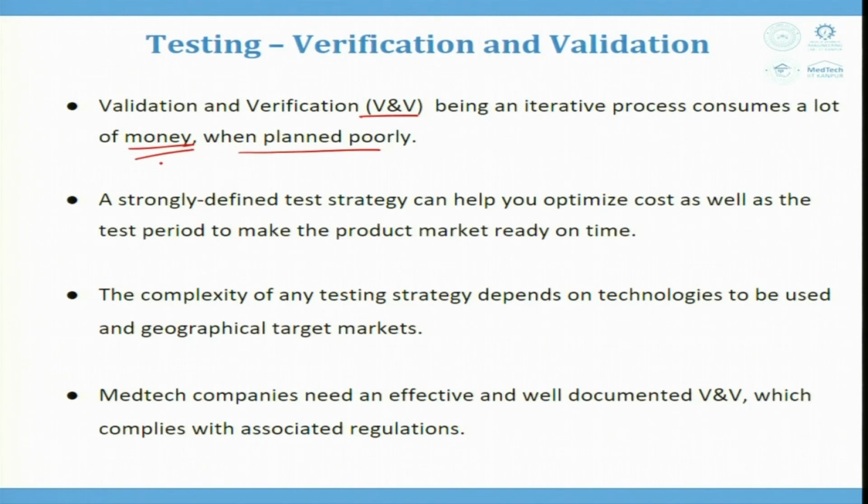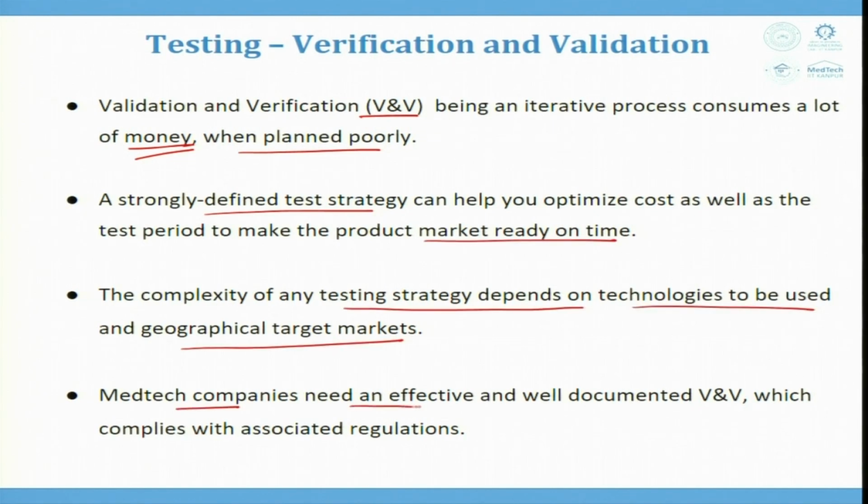A strongly defined test strategy can help you optimize cost as well as the test period to make the product market ready on time. The complexity of any testing strategy depends on technologies to be used and geographical target markets. MedTech companies need an effective and well documented V&V, that is verification and validation, which complies with associated regulations.